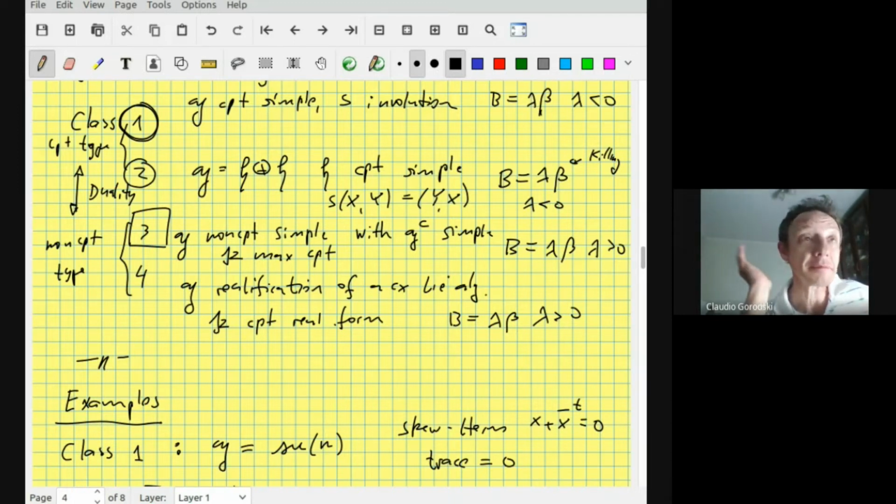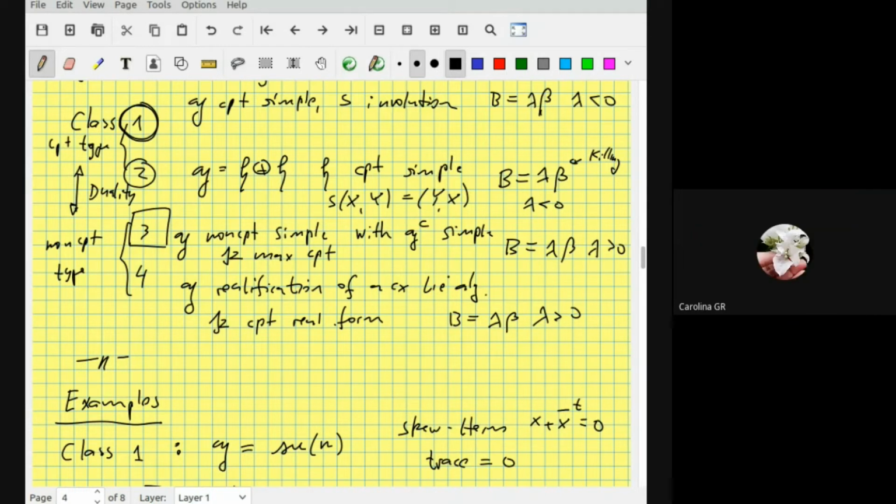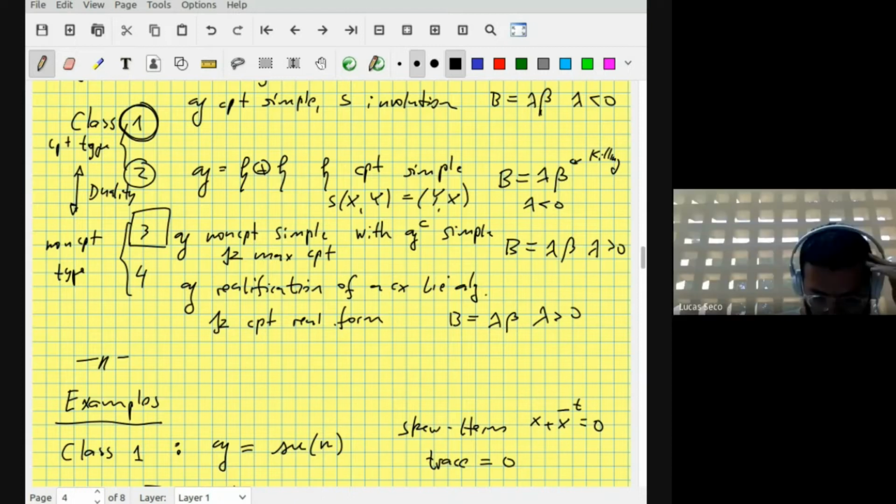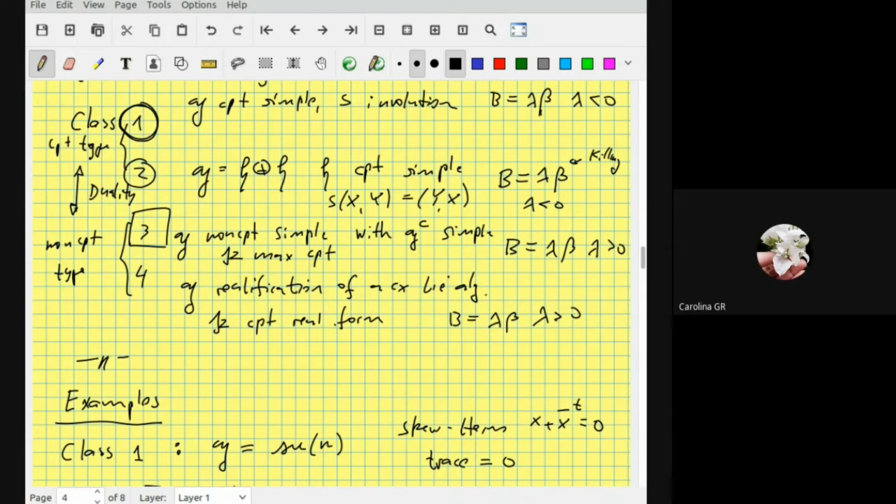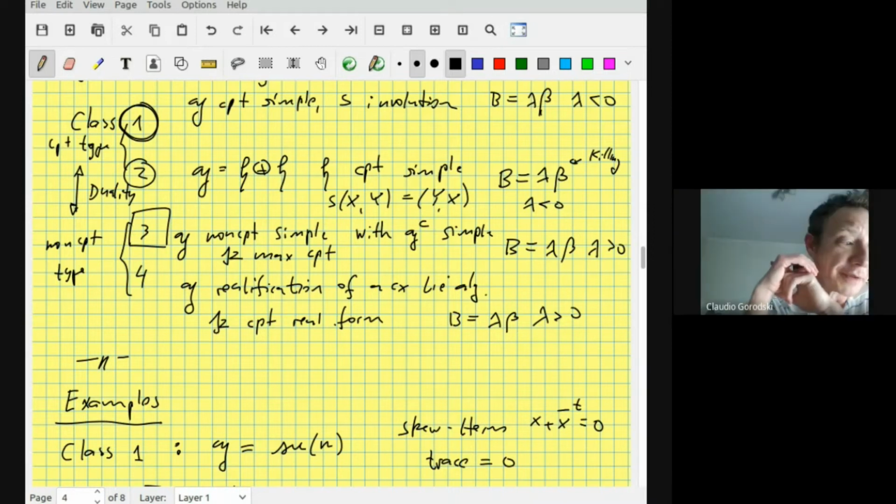There are many papers about pseudo-Riemannian symmetric spaces. The question is about the metric in this space, because maybe the metric is not invariant. Yeah, if it's not irreducible, then it doesn't matter the signature of the metric.